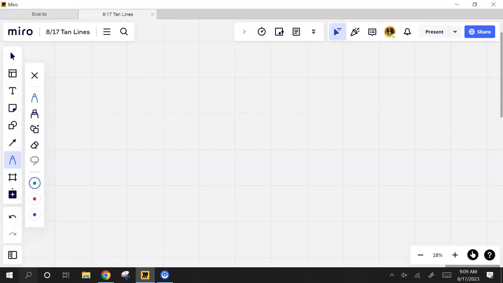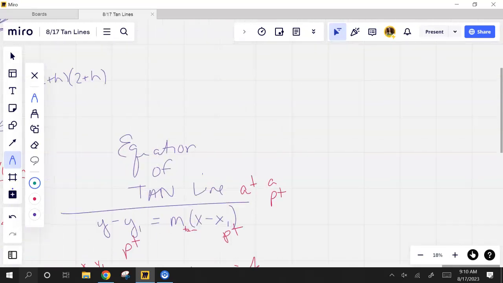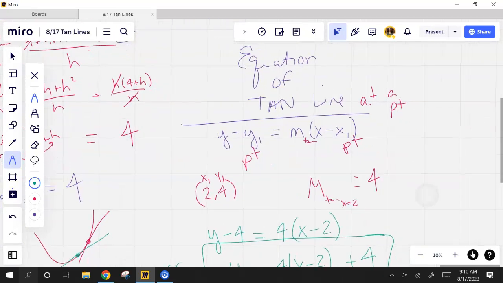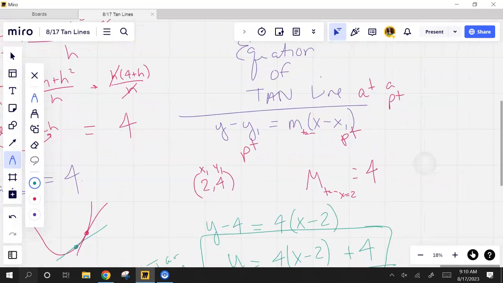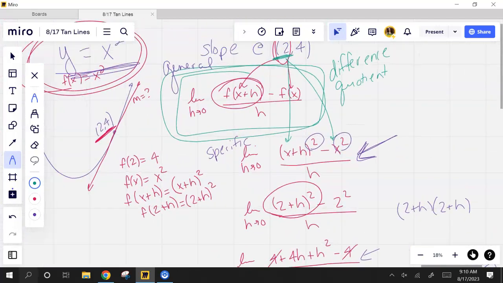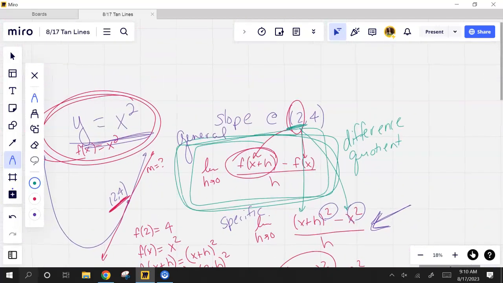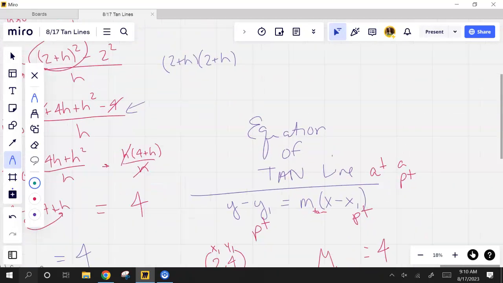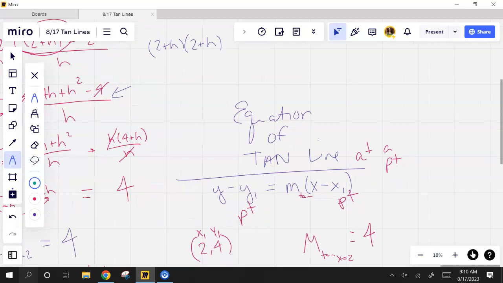Yes, that is the equation of the tan line at 2, 4. The general formula is here. That's the slope of the tan line. So that's the equation of a line. That's point slope of a line. That's in general, yes. You'll always use that. Any line.